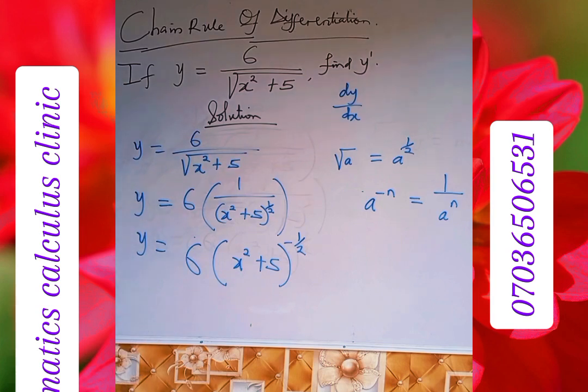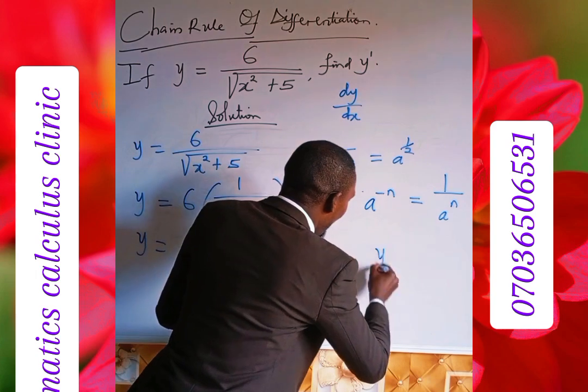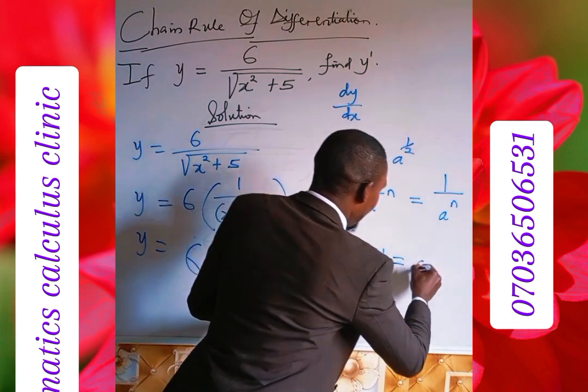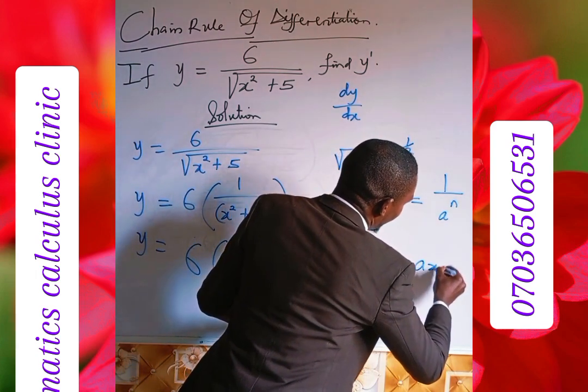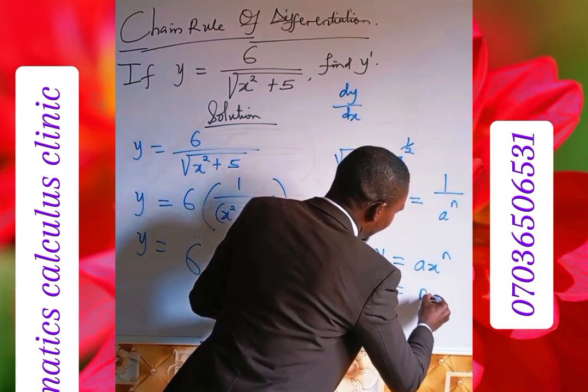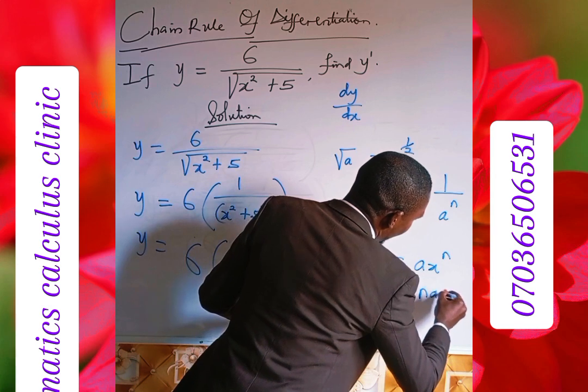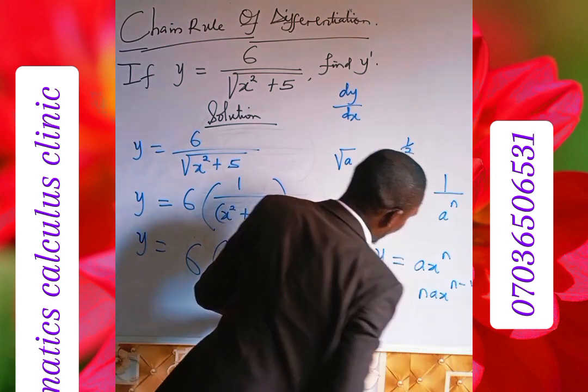Now, what are we going to do here? If you have something like this, y equals a x raised to power n, y prime is what? n times a x raised to power n minus 1.